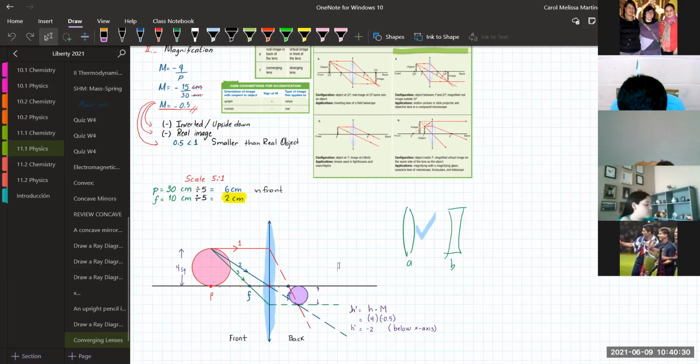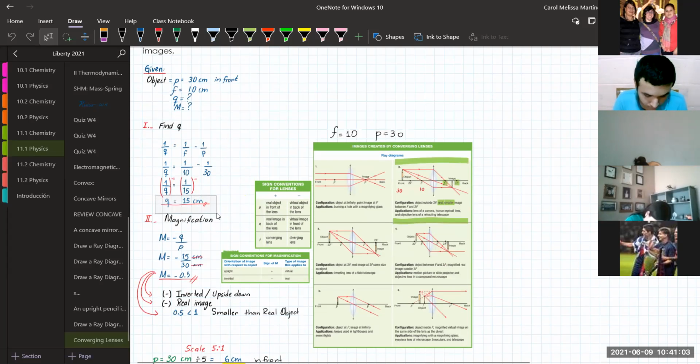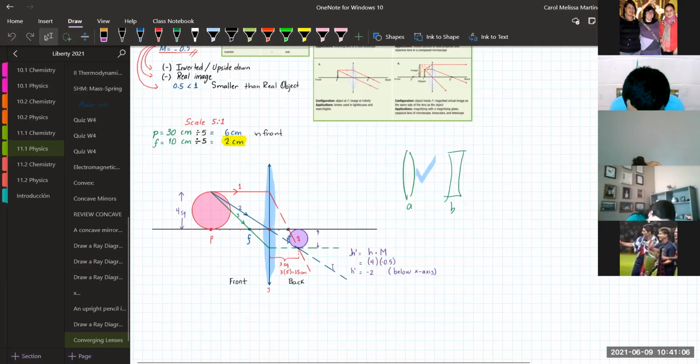How many squares do I have between my y-axis and the center of my image? I have, as you can see, 3 squares. So in the end, this is the same as having 3 times 5, which makes 15 centimeters. 15 centimeters was the Q that we got at the beginning of the exercise. So with this comparison, we can tell everything that we did is correct in this exercise.